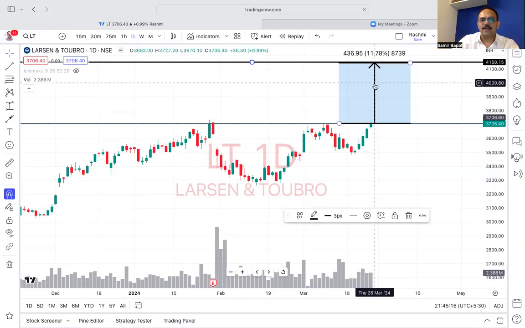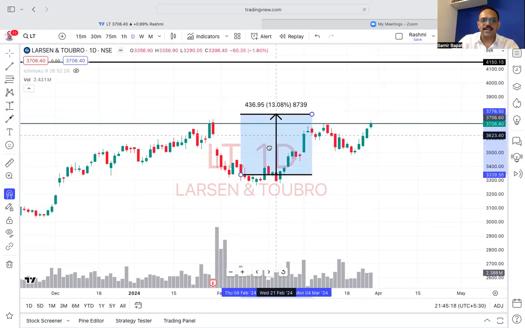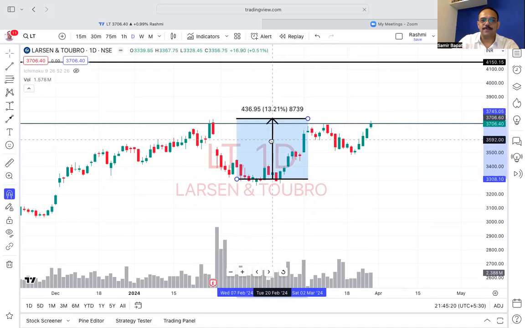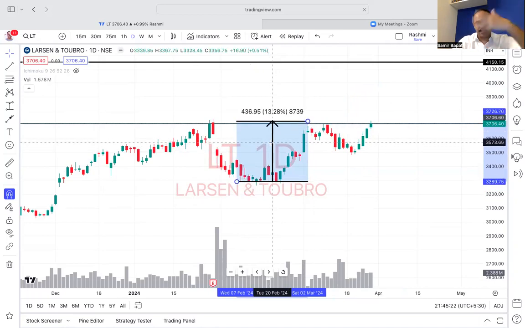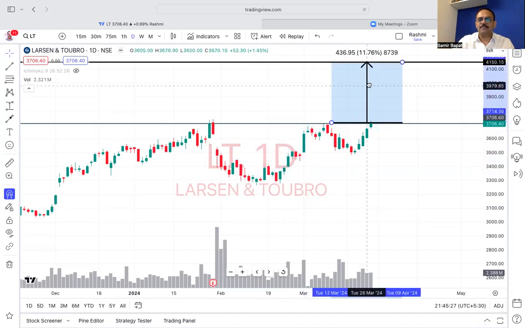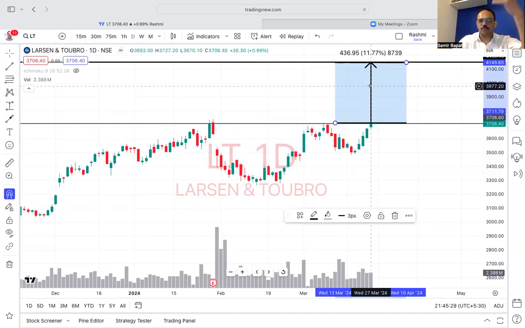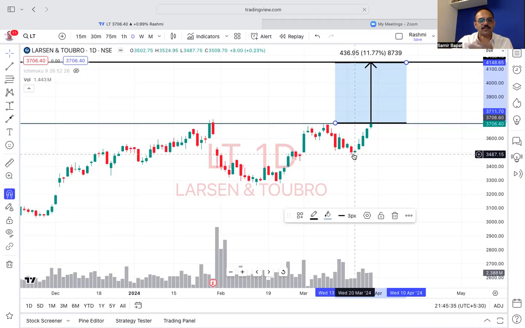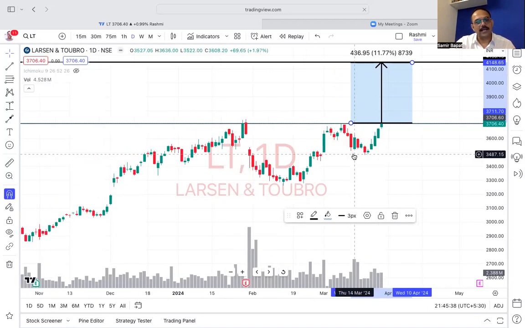Vivek ji, we have to take the lowest point to the highest point for taking the target. This cup's depth, we have to measure and keep it here. This becomes the target from the breakout point. And stop loss is the depth of this small handle.